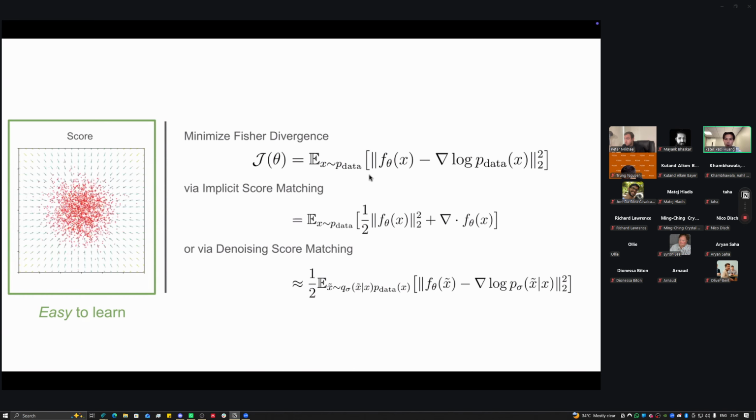We can minimize this Fisher divergence via either implicit score matching or denoising score matching, where denoising score matching is generally biased, but if we add only very little noise, this bias is pretty negligible.